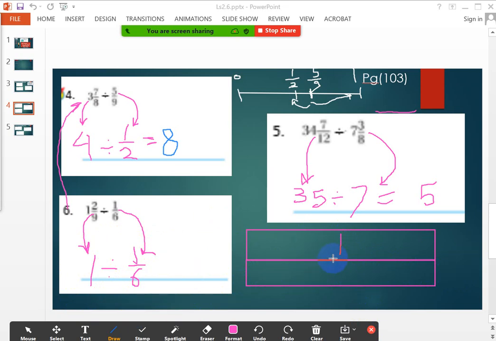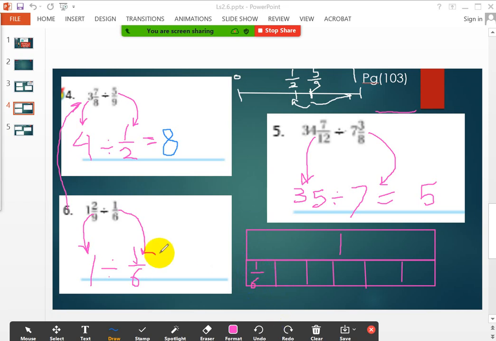So there are 6. Each one of those parts equals 1 over 6.